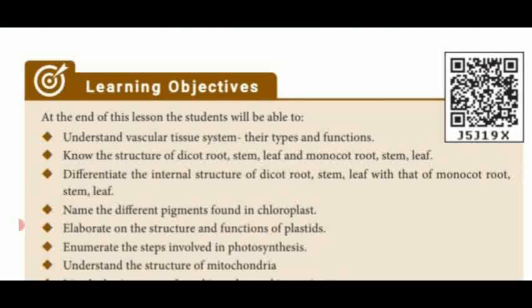Today, we are going to see the topic photosynthesis, respiration, and structure of mitochondria. Dear students, photosynthesis and respiration are important processes taking place in plant parts. Photosynthesis is a simple process.